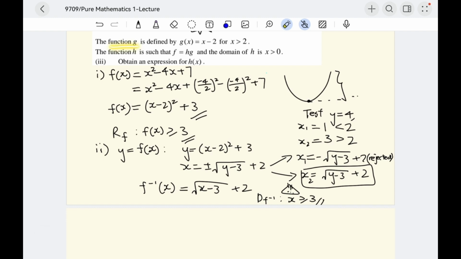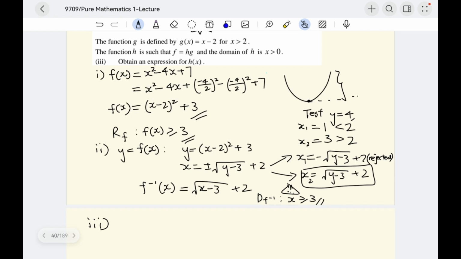Function g is defined by g(x) equals x minus 2 for x greater than 2. This is a linear function. The function h is such that f equals hg. You will see that hg is a composite function and the domain of h is x greater than 0. For the third part, obtain an expression for h(x). Let's rewrite over here.